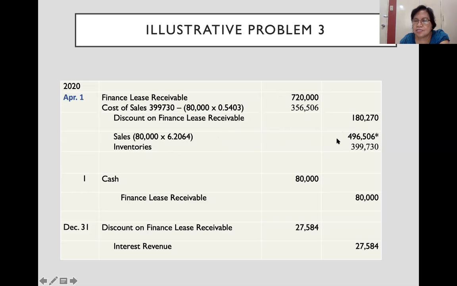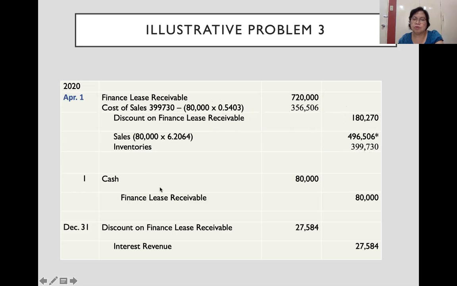Credit inventories is still at the carrying amount of the inventory, 399,730, but this will not be recorded as your cost of sales because your cost of sales will be reduced by the present value of the unguaranteed residual value. Therefore, it's adjusted to 356,506. But the amount of interest that will be earned over the lease term is still 180,270 because we do not adjust our amortization table.